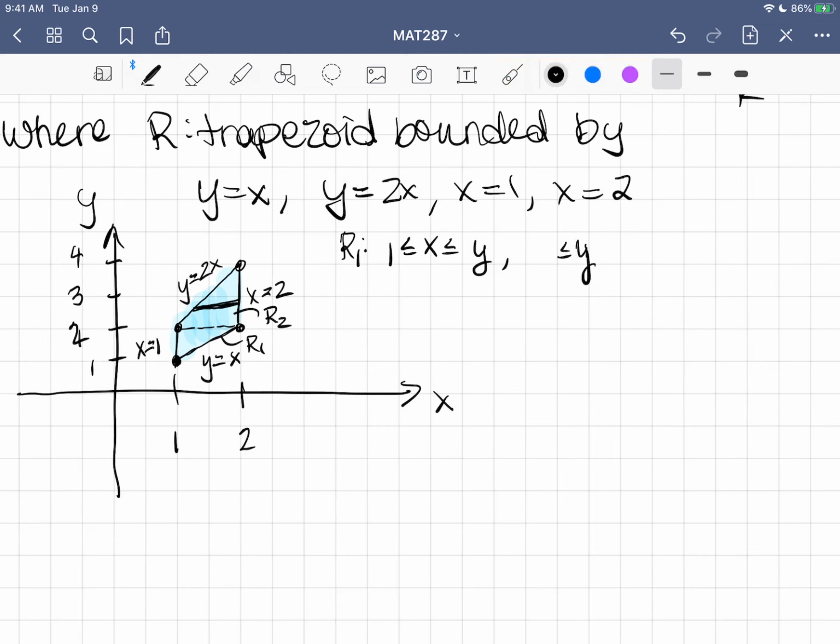And y goes from down here, y equals 1, up to y equals 2. In R2, x is going to run from the line here to the line there. So x goes from x equals 1/2 y to x equals 2.